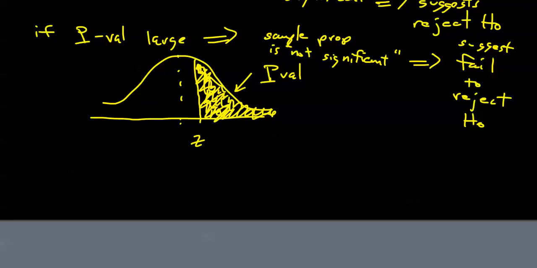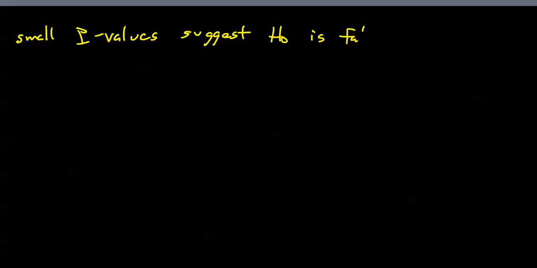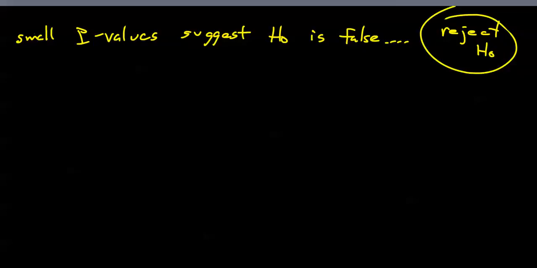Let me get a fresh screen and summarize those two statements. Small p-values, and again, your p-value is determined by your sample data, the calculator computes it for us, suggest H0 is false. In that case, our conclusion would be to reject the null claim in a hypothesis test.